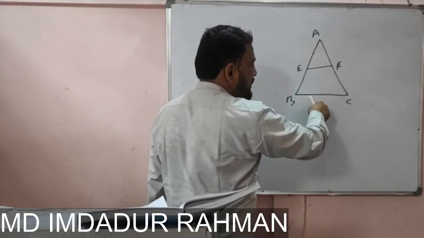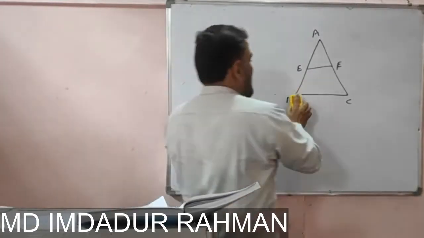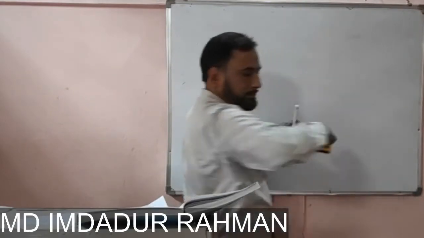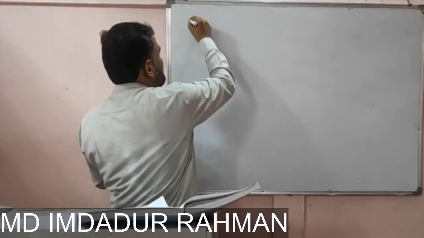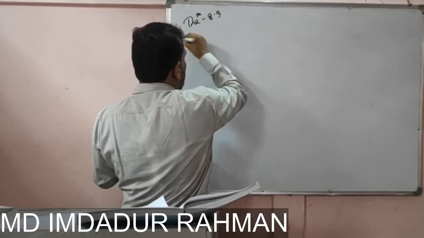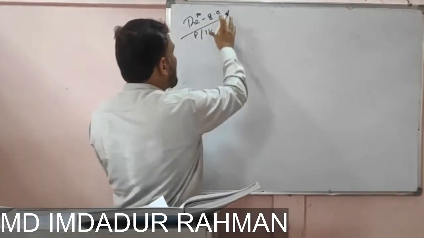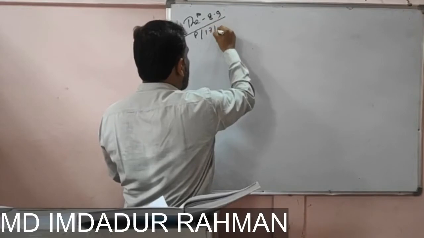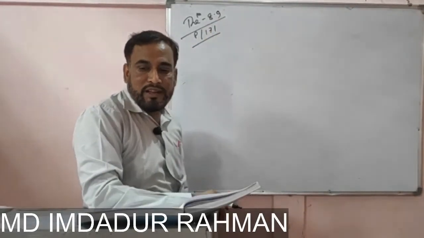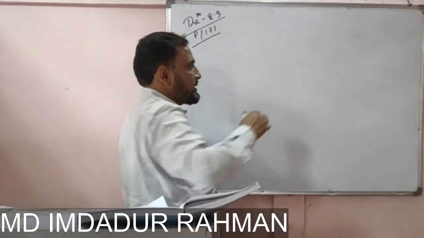So EF is parallel to BC. We will have to prove this. So to prove, we will nicely draw a triangle. Theorem 8.9, page number 171. For your ready reference, I am writing the page number also.